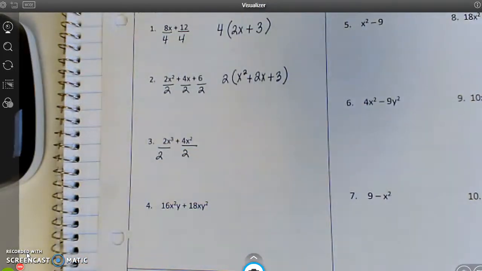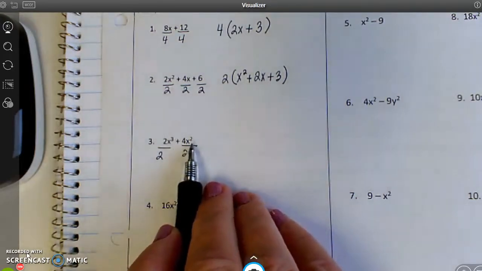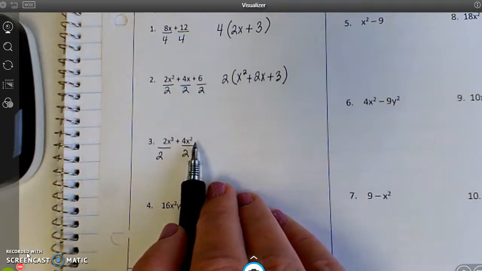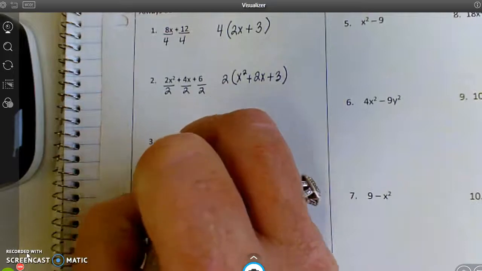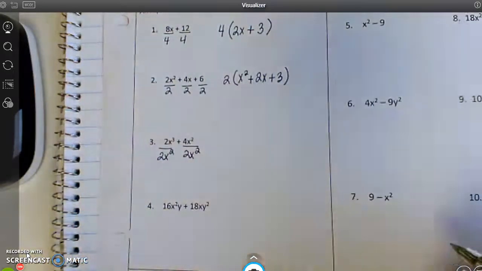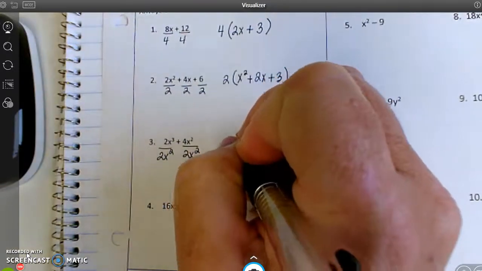Then you look at your x's, and what you do is you pick the smallest amount of x's that each one of them have. So there's x to the third and there's x squared. My smallest is x squared. They both have an x squared. So x squared would be part of the greatest common factor. Okay. So we would have 2x squared.